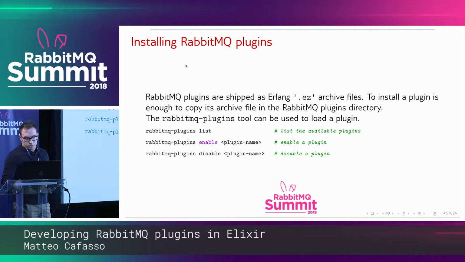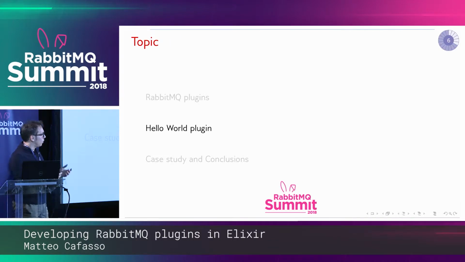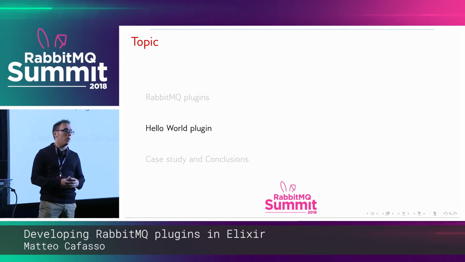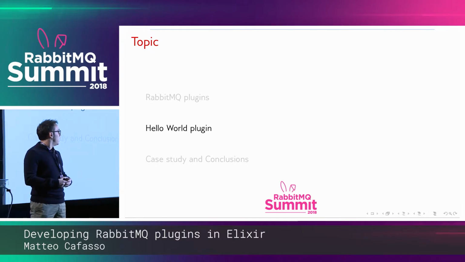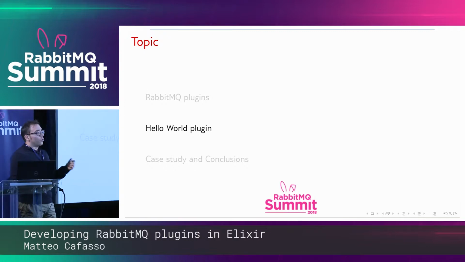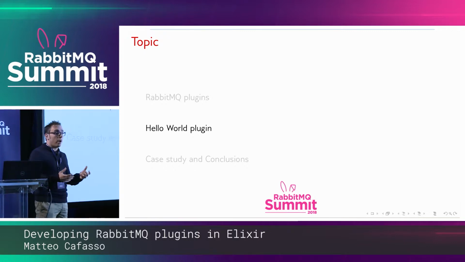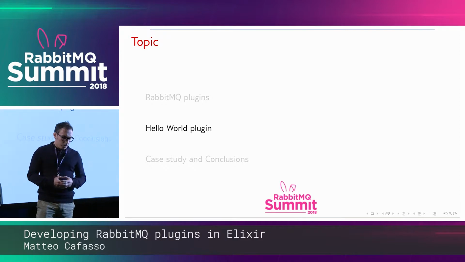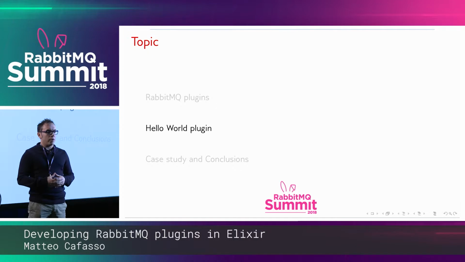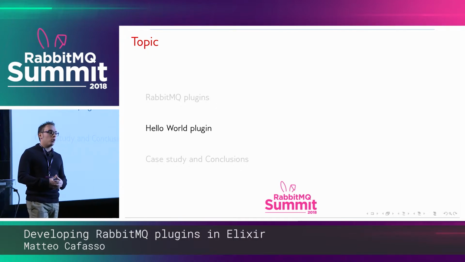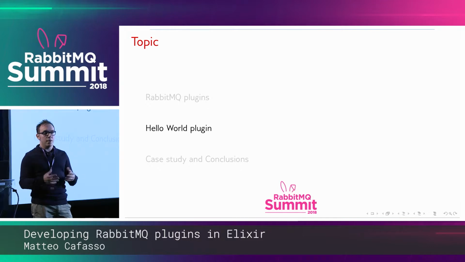So, jumping back to our presentation, what I would like to do with you today is actually develop a Rabbit plugin. It's going to be easy, a very simple Hello World plugin. But before doing that, we should understand when it makes sense to develop a Rabbit plugin. What usually happens when we adopt a technology within an architecture is that, hopefully, this technology starts producing value from the get-go.